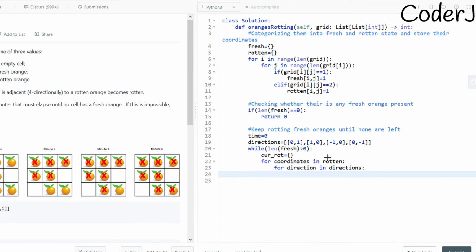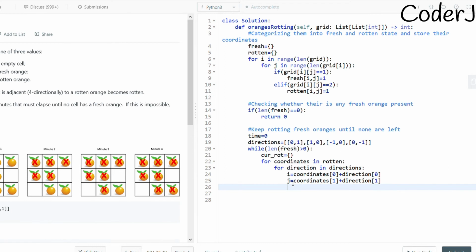After that, my i will be the coordinates of i plus direction of i. I'm sorry, not i, actually it should be 0, the first denotes the x axis, right? Similarly the same will be for j, and it will be 1.